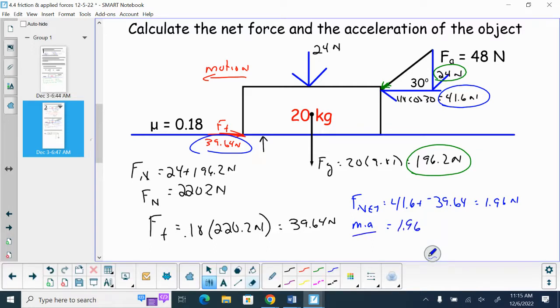So we can divide by our mass, which is 20. So our acceleration is not very large, about 0.098 meters per second squared.